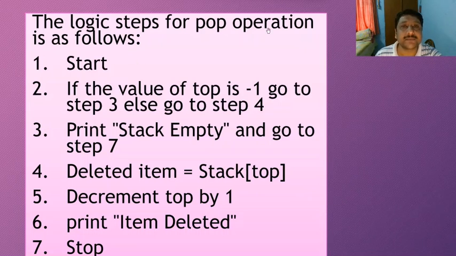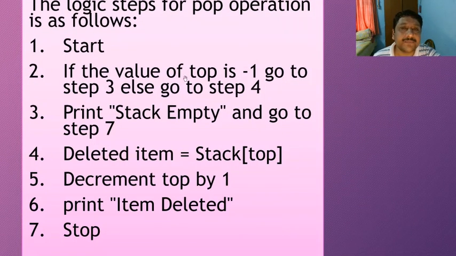The logic steps for the pop operation are as follows. Start, then if the value of top is -1, go to step 3, else go to step 4. If the value of top is -1, we print that the stack is empty and go to step 7, that is stop. We have to stop the execution because the stack is empty and no pop operation can be performed.